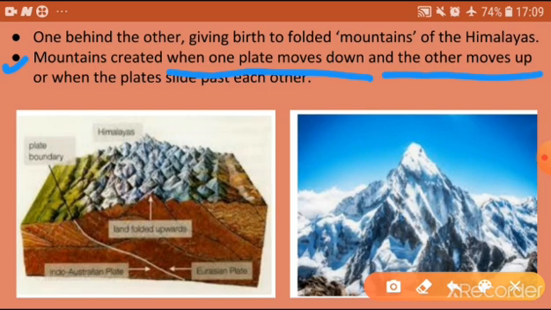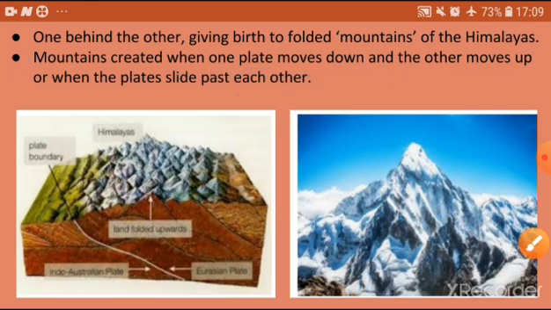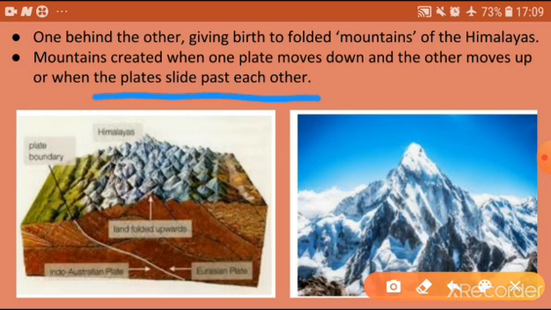See, this Eurasian plate and Asian plates. One plate moves up means one plate moves down, or one plate moves down means one plate moves up, or when the plates slide past each other. When the plates slide past each other, the mountains are created.